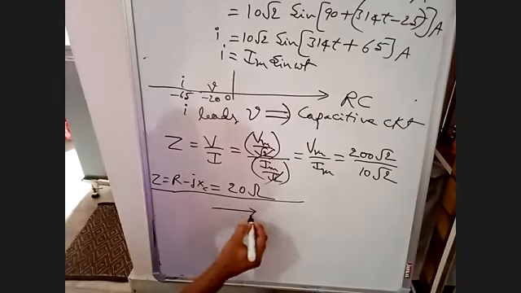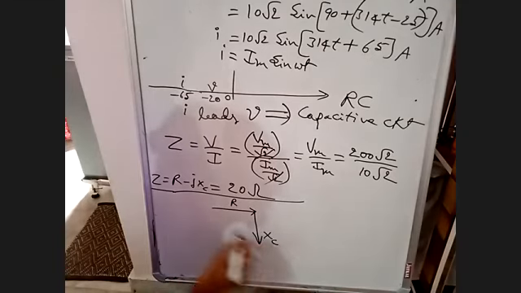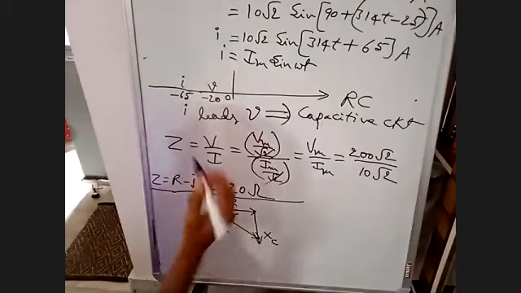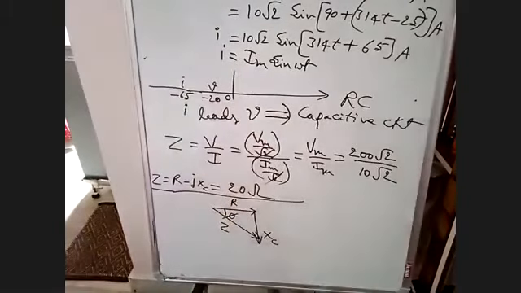Here, this is R. This is your XC. That is your phi. Z is equal to R minus jXC. Now, what is phi? 45 degrees.